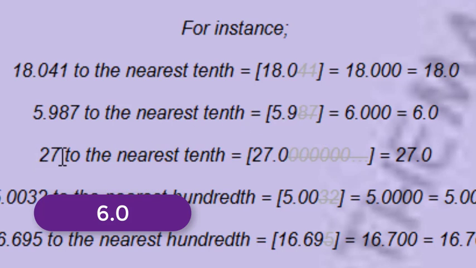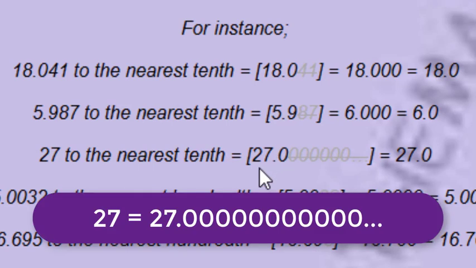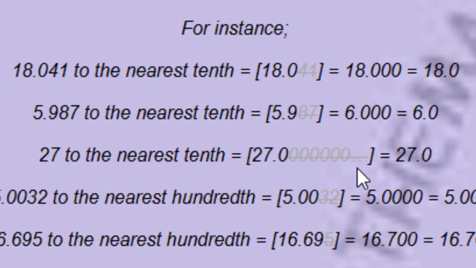And then also 27 to the nearest 10th. Quite impressive to know that 27 as a whole number is not alone. 27 as a whole number actually could be expressed as 27.000000 as much as you can represent.